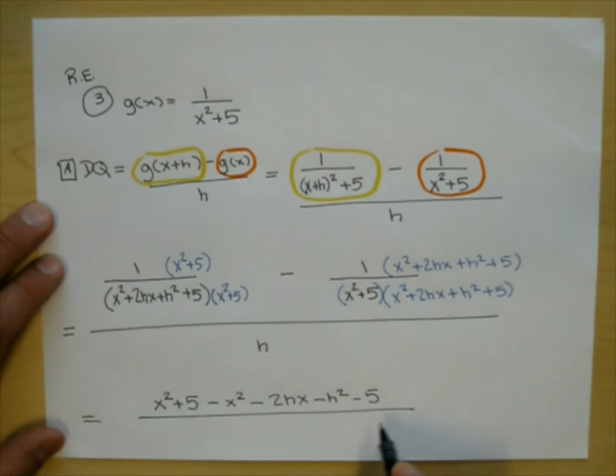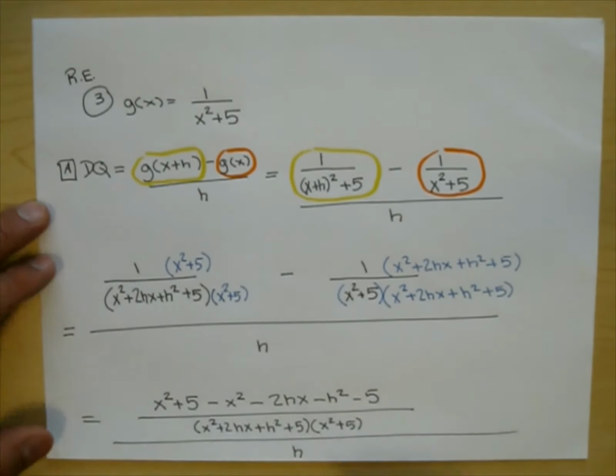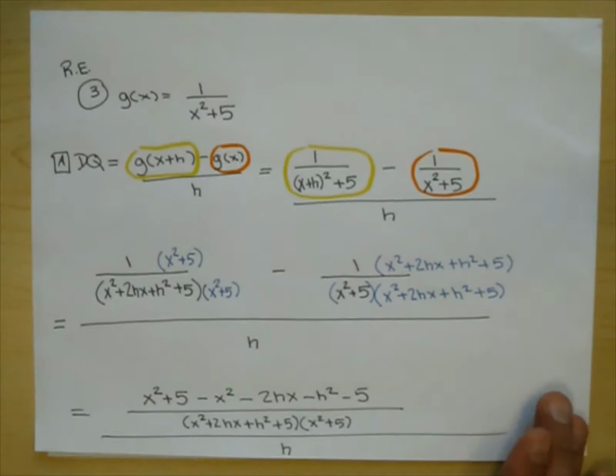This is all over this guy right here, x squared plus 2hx plus h squared plus 5. And then this is x squared plus 5 all over h.